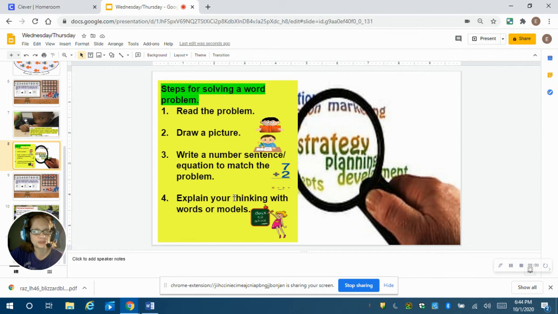Then explain your thinking with words or models. Sometimes we can explain with our words in the classroom by telling the teacher how we solve the problem. And sometimes we can write out our thinking to explain how we solve a number problem.